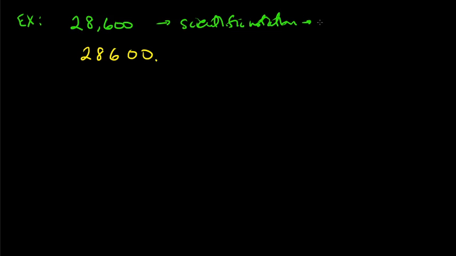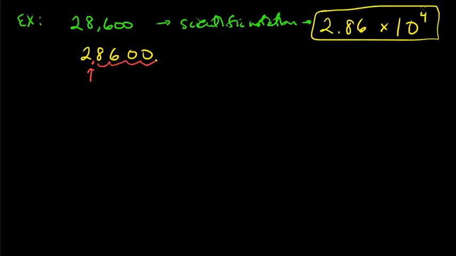And since this is a big number, we're going to write it as times 10 to some positive exponent. What is that exponent? Well, let's see. Where do we want the decimal to end up? We want the decimal to end up right after the 2, right here. So we move the decimal 1, 2, 3, 4 spaces, right? So we're going to end up with 2.86 times 10 to the power 4. Right. And we've seen 4 a lot, but that's just a coincidence.